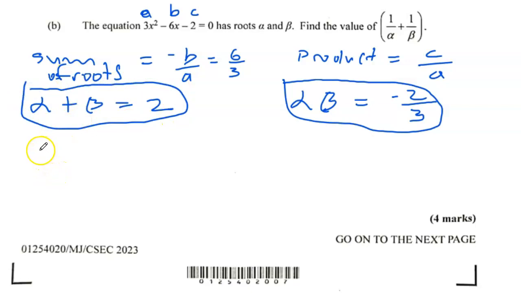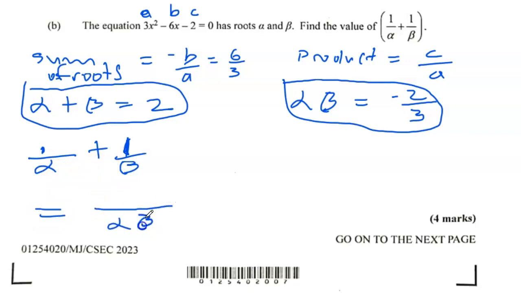So let's calculate. 1 over alpha plus 1 over beta. We can make a common denominator. The common denominator will of course be alpha beta. And then the numerator, cross multiplying, would be alpha plus beta. So this would be alpha plus beta divided by alpha beta.